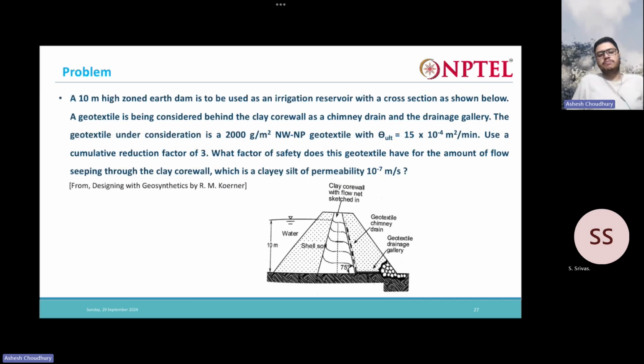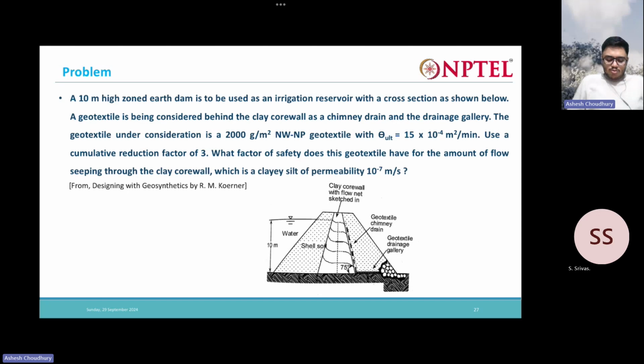Just read the question once. A 10-meter high zoned earth dam is to be used as an irrigation reservoir with the cross section as shown. A geotextile is being considered behind the clay core wall.